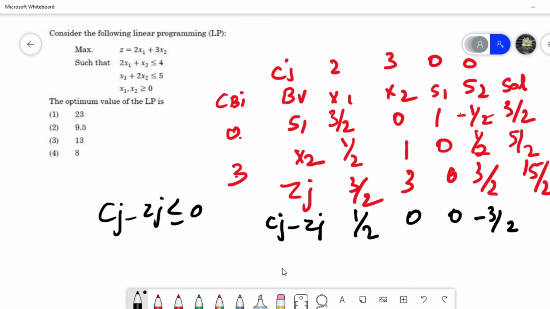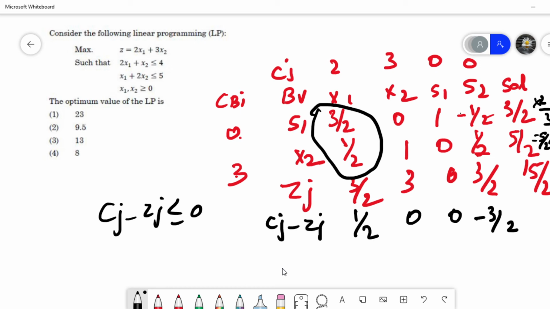Among the values, which one is the most positive? 1 by 2. So we choose this one as the key column. Now we are going to find the key row with the help of the key column. So 3 by 2 divided by 3 by 2, which means 3 by 2 into 2 by 3, so 1. Next 5 by 2 divided by 1 by 2, so 5 by 2 into 2 by 1, which is 5.